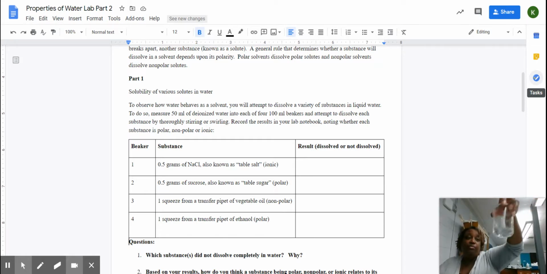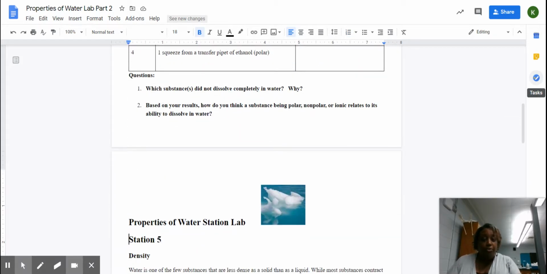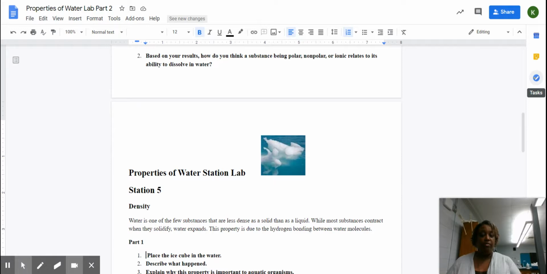We don't see it. It just looks like regular water, but we know it's not because we put alcohol in it. All right, so now you're able to answer the questions underneath, questions 1 and 2. And then we're going to move to the density part for station 5.